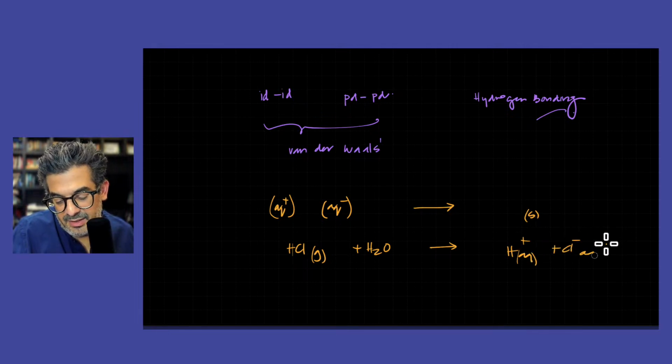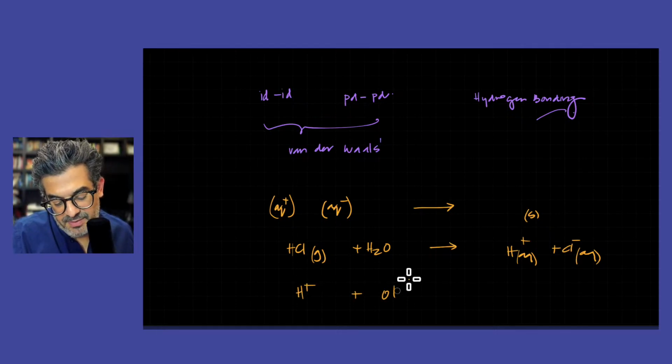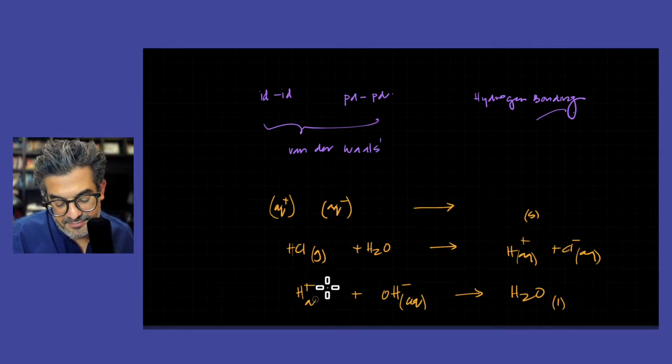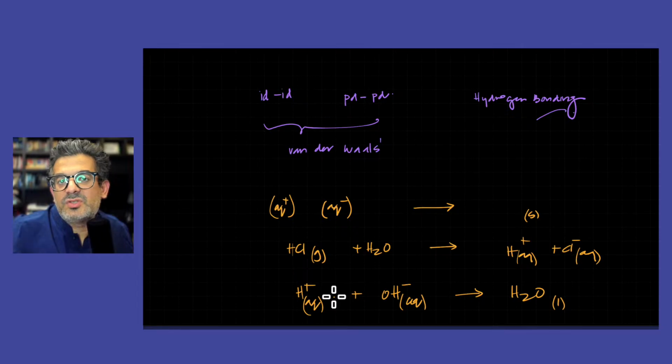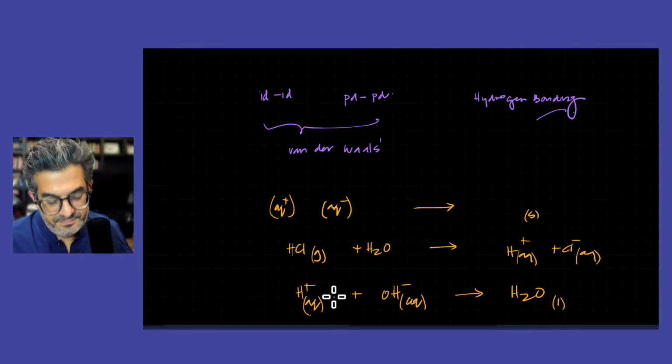It could happen there. You could also have H plus ion and OH minus ion becoming water. The point is that these are called ionic equations because the ions are changing their physical state, like aqueous to liquid, aqueous to solid.